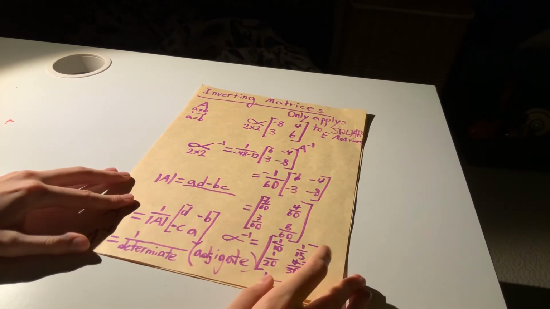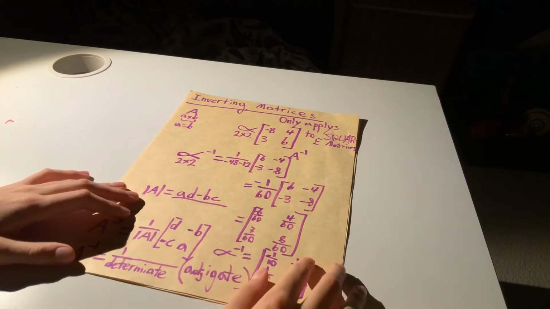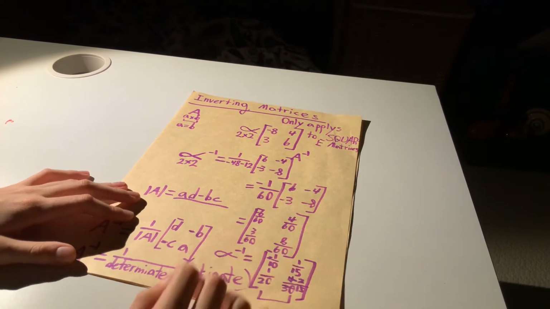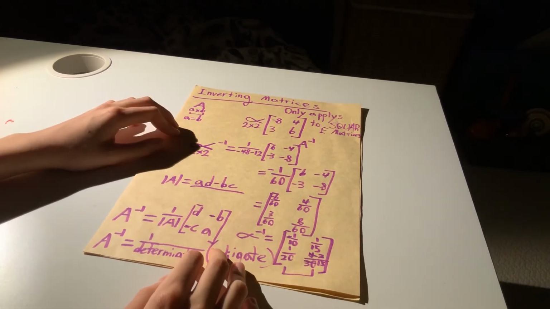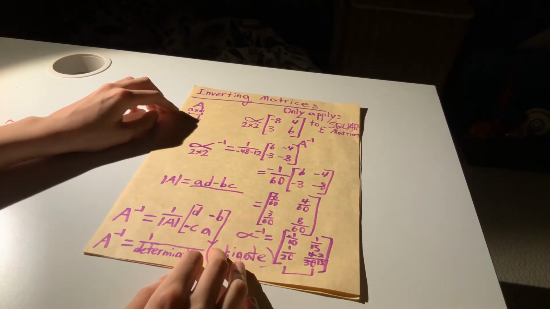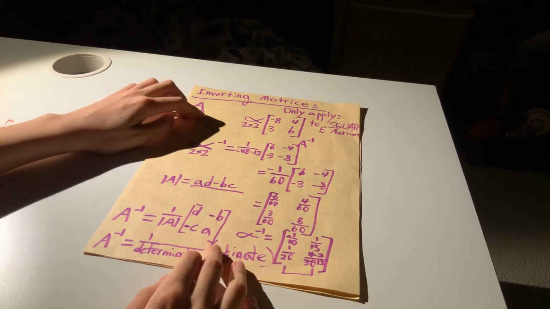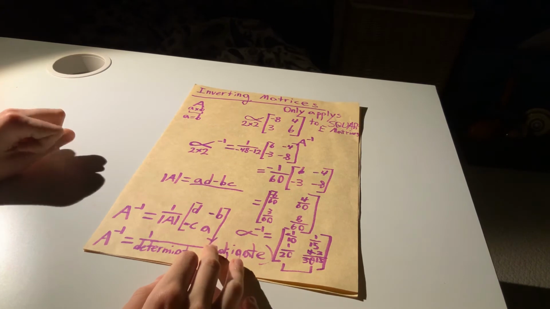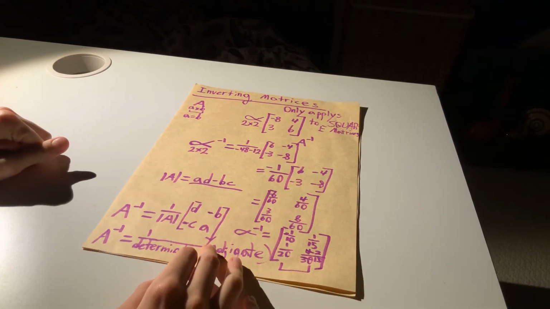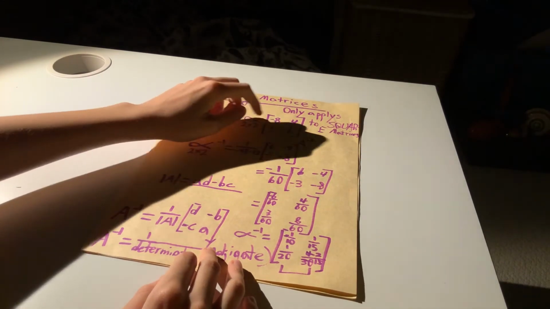Anyway, we now switch to the purple realm of these episodes. This is inverting matrices. Inverting matrices is only applicable if they're square matrices, in that the rows and the columns in one matrix have to be equivalent. So we called this alpha.